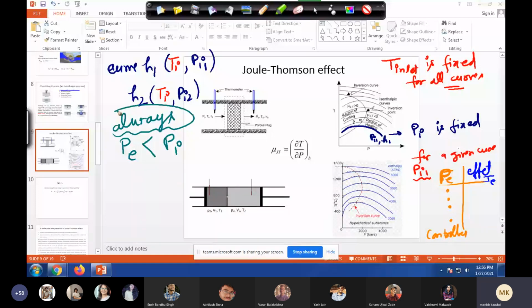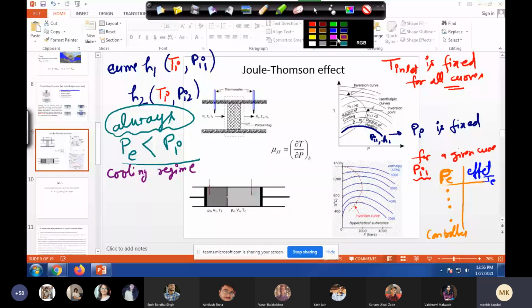Okay. So this will be our master slide, just to summarize. Then what we said, that in case of cooling, so that we should know what we didn't answer, so that we can come back. Cooling regime, in cooling regime, T exit is less than Ti.